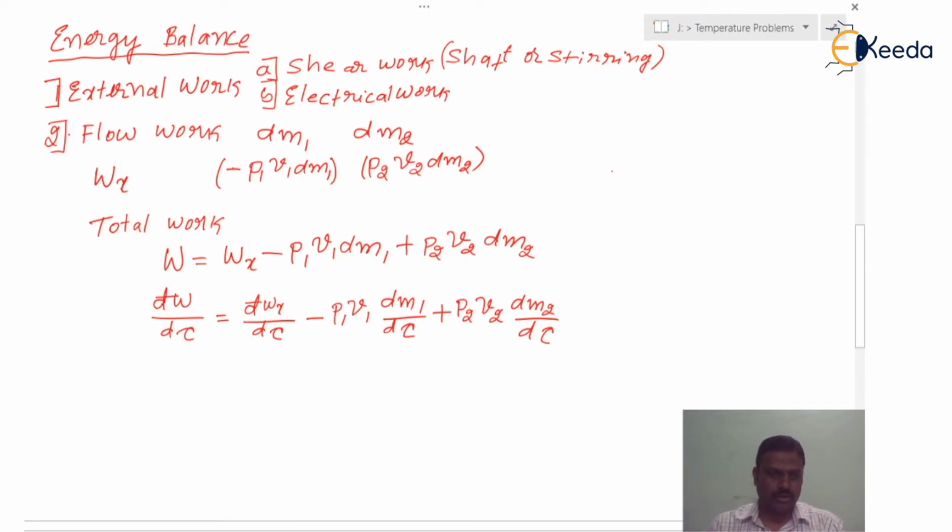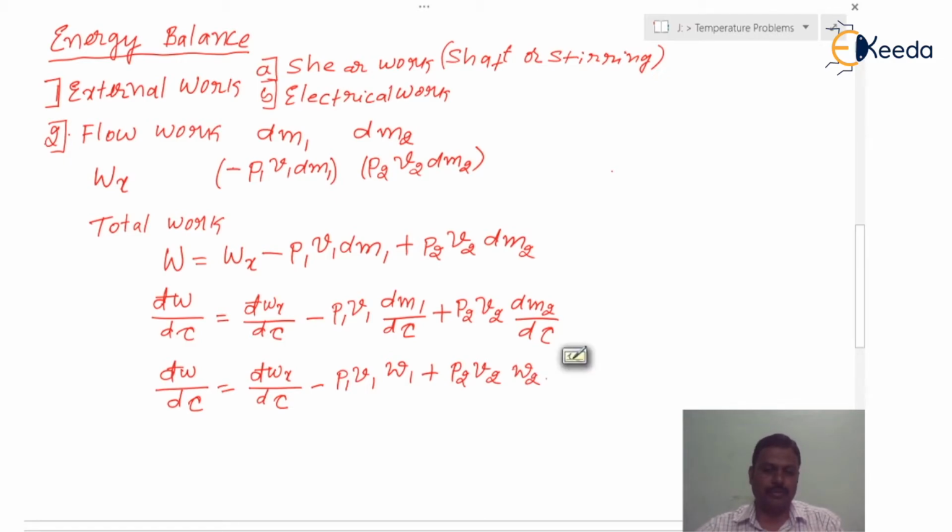So this can be written in the next step like this: dW divided by d tau equal to dWx divided by d tau minus P1 V1 w1, where w1 is mass flow rate given by dm1 divided by d tau, plus P2 V2 w2, where w2 is nothing but dm2 divided by d tau, that is mass flow rate at exit.